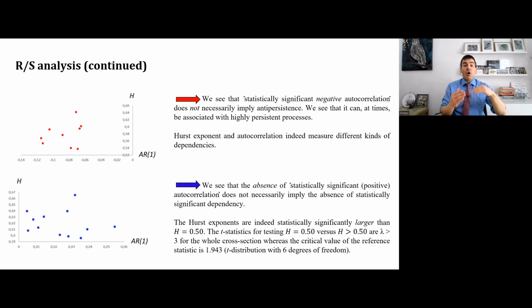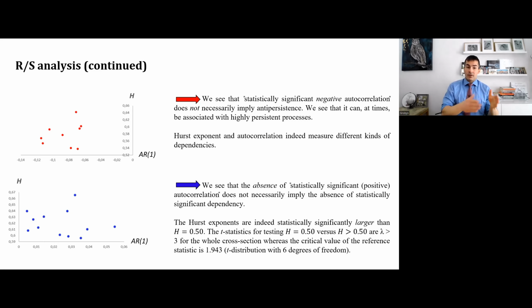On the other hand, the estimated Hurst exponents vary between 0.6 and 0.67, implying a high level of persistency. So the absence of statistically significant autocorrelation does not necessarily imply the absence of statistically significant dependency structures. The Hurst exponents are indeed statistically significantly larger than 0.5.